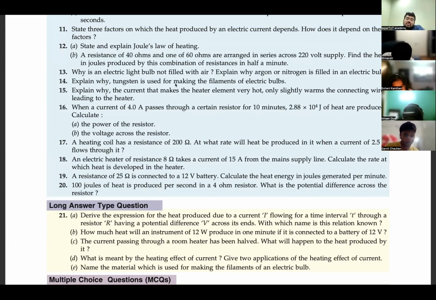Heat is power into time, so power is heat divided by time. Okay, got it.